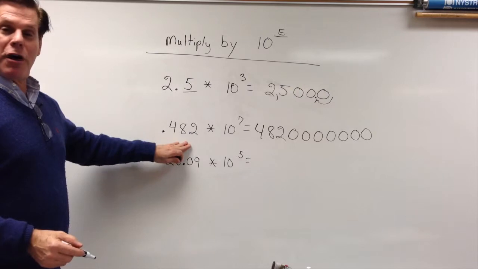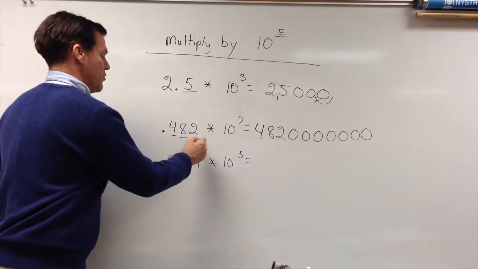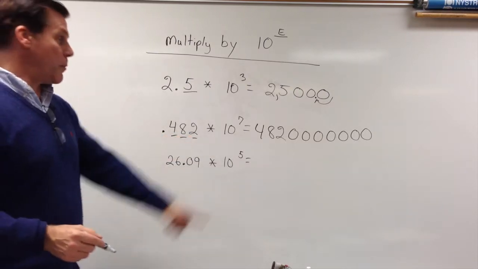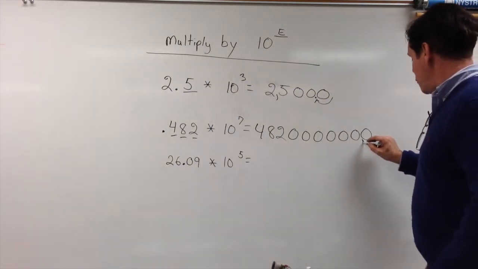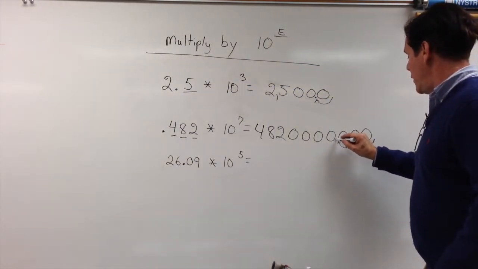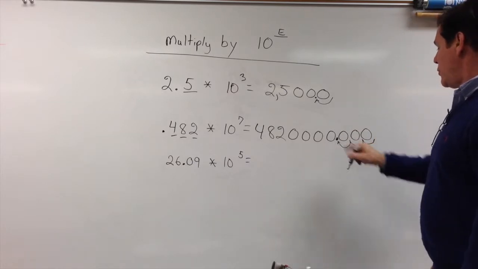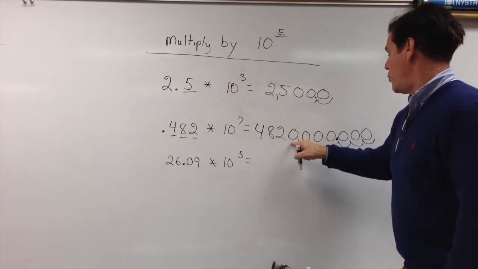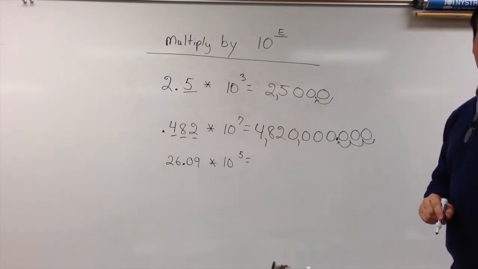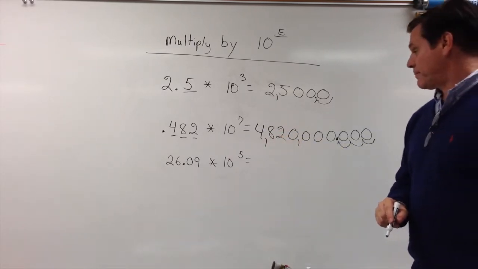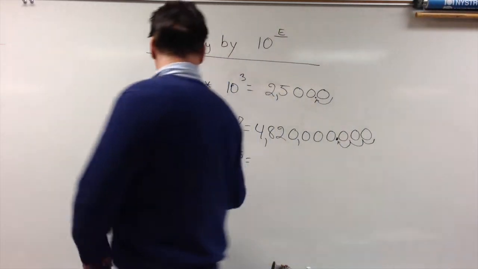And then I'm going to look at my problem. There are 3 decimal places in my problem. So I'm going to move my decimal in 3 spaces: 1, 2, 3. That's where my decimal goes. 1, 2, 3, comma, 1, 2, 3, comma. My answer is 4,820,000.